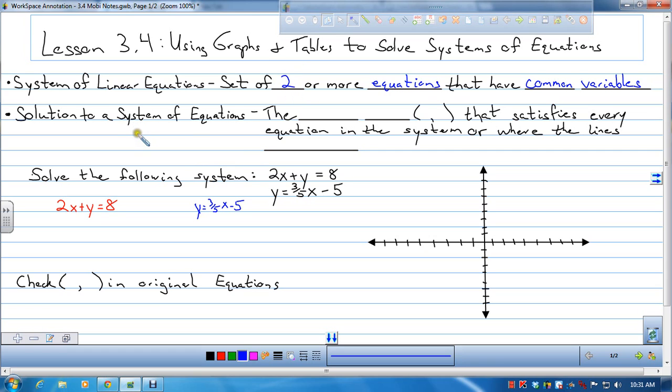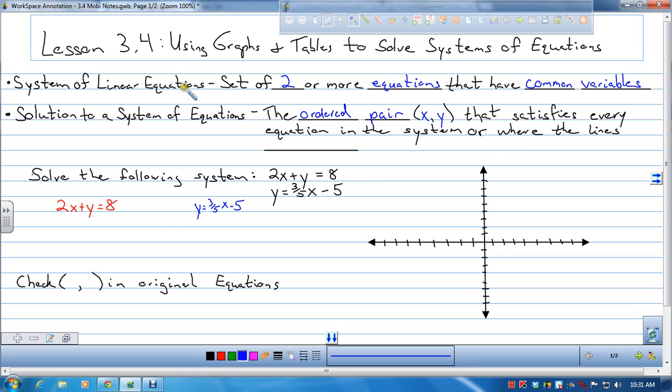Now, a solution to a system specifically is the ordered pair, and we know an ordered pair has an x and a y value, and it is that ordered pair that satisfies every single one of the equations in the system.